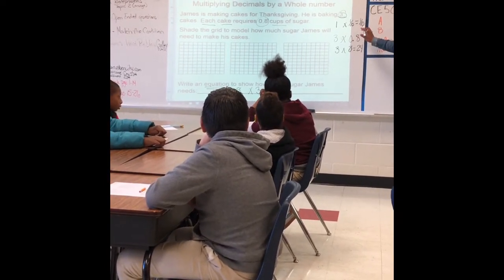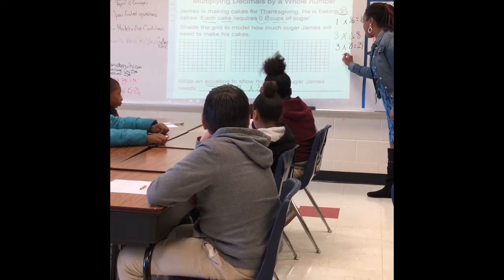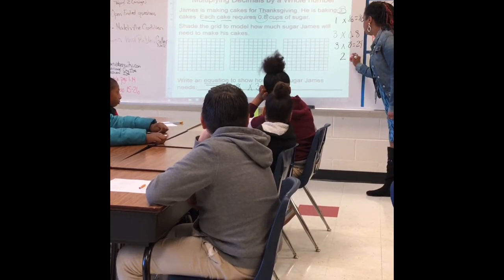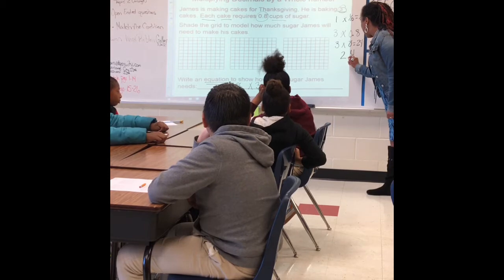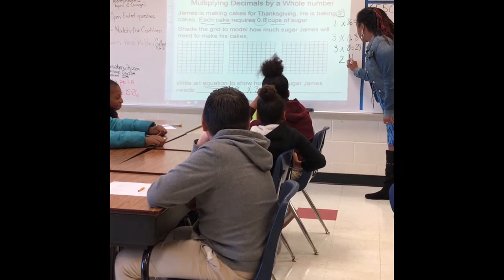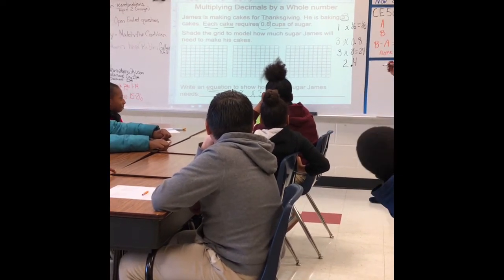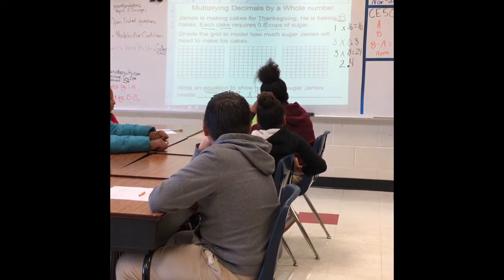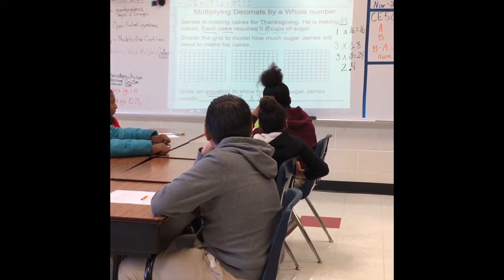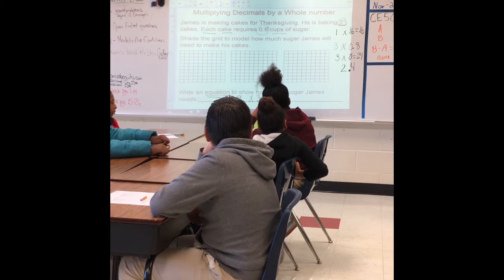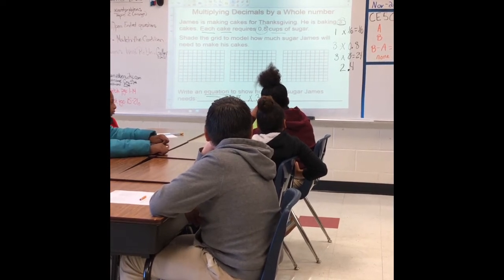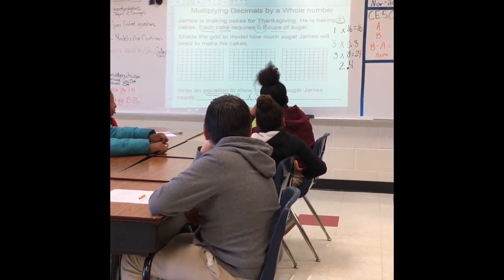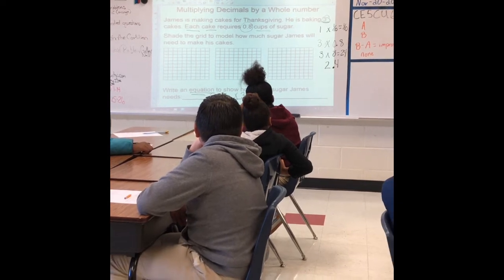If I take my digits, 2 and 4, I have to put a decimal after my ones place. So, 2 and 4/10. Does that make sense? My turn. 2 and 4/10.